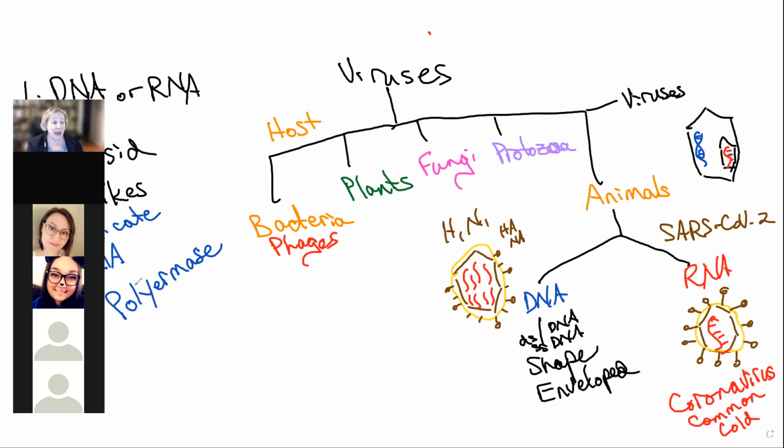So when I'm making an RNA copy of DNA, we're talking transcription here. In cells, what enzyme transcribes DNA into, say, an mRNA or a tRNA or an rRNA?